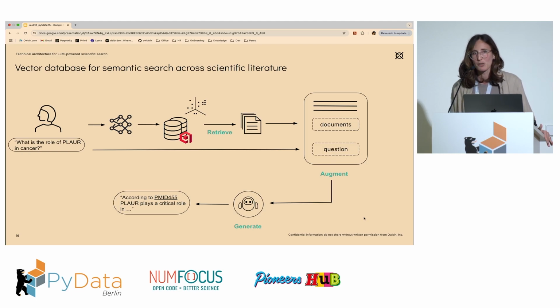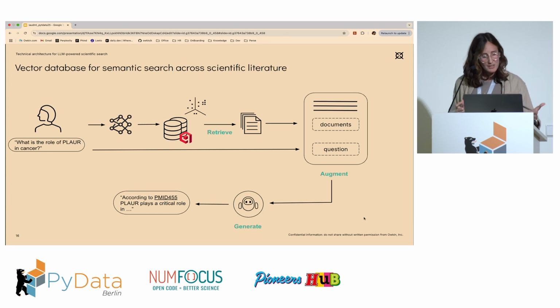Usually you encode your documents in a space where items that are semantically different will be really far away from each other, and if they are semantically close, they will be really close.